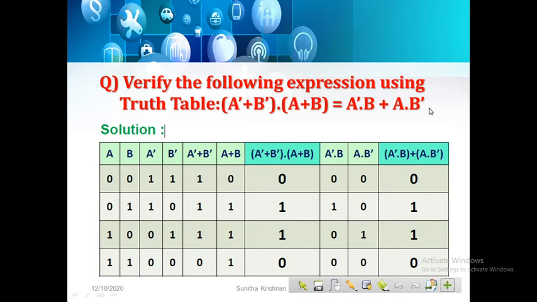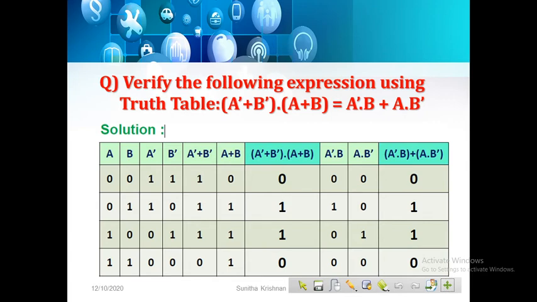What you have to do is just go for the combinations of all the input variables. Here only 2 variables were there, so 4 combinations are there. And go for the table columns for all the possible combinations. First we have to find out A dash and B dash, then add those 2 columns.